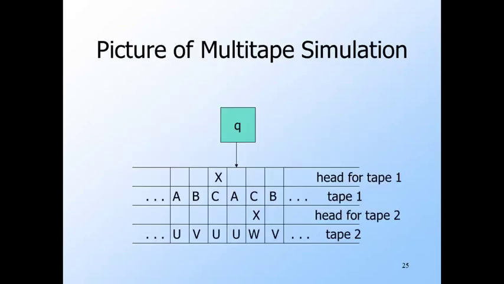Here's a picture of a one-tape Turing machine simulating a two-tape Turing machine. There are 4 tracks. 2 of these tracks hold the contents of the 2 tapes, while the other 2 tracks hold only a single X each, marking the positions of the 2 tape heads. That is, the 2-tape Turing machine has the head of its first tape scanning this C, and the head of its second tape is scanning this W.